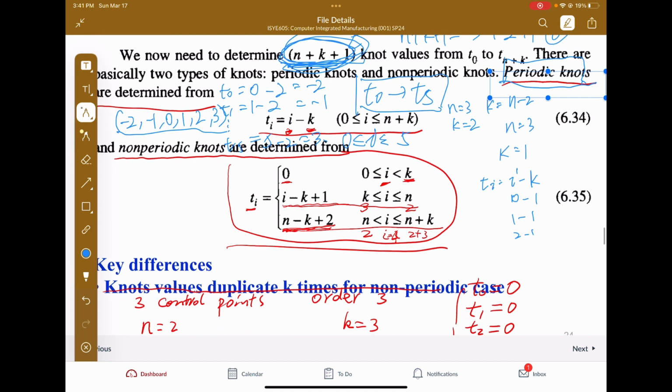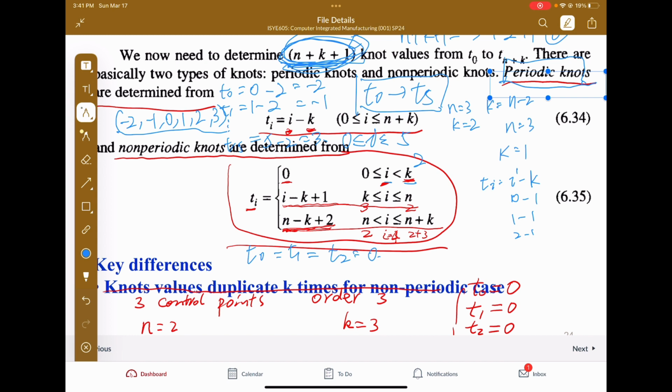And if we choose non-periodic knots, we will have what? When i is smaller than k, 2, so from 0 to 2, that means t0 equals t1 equals t2 equals 0 in our case.